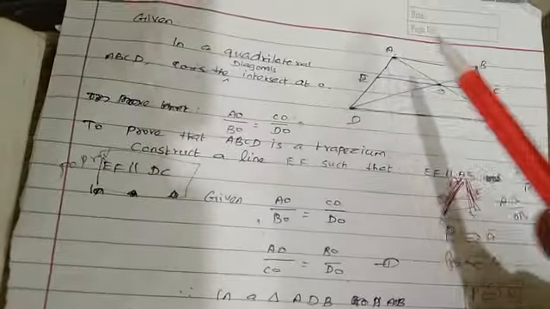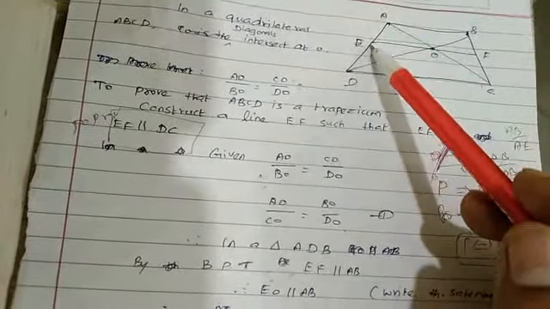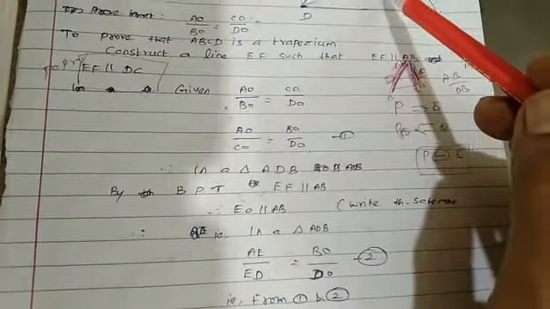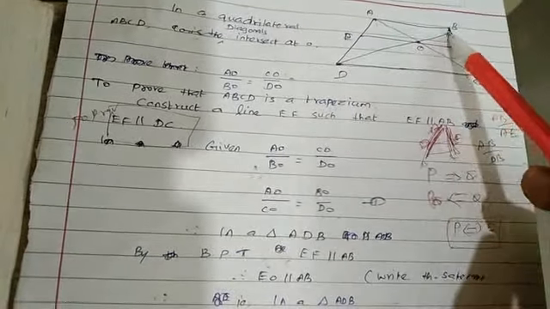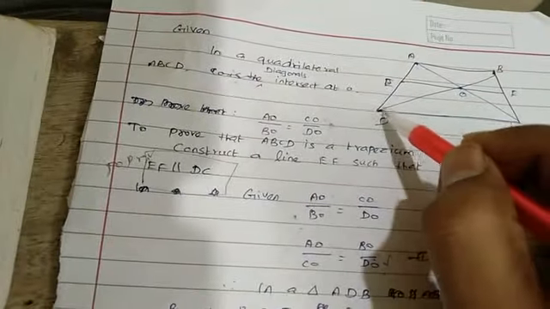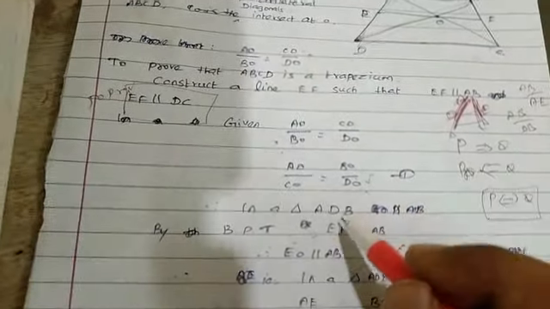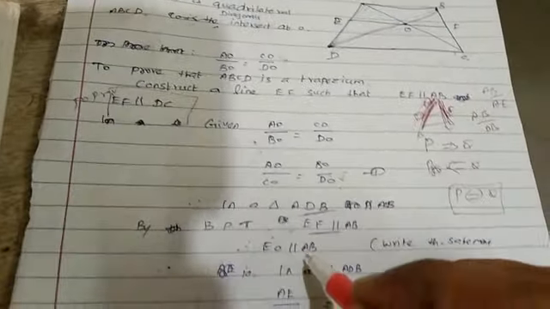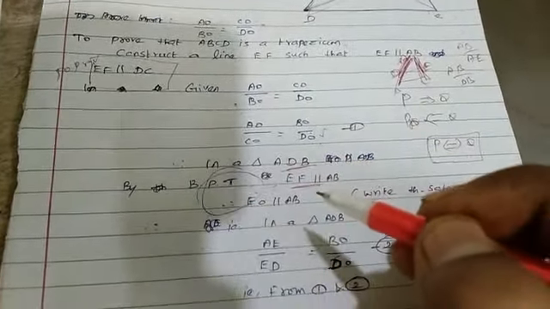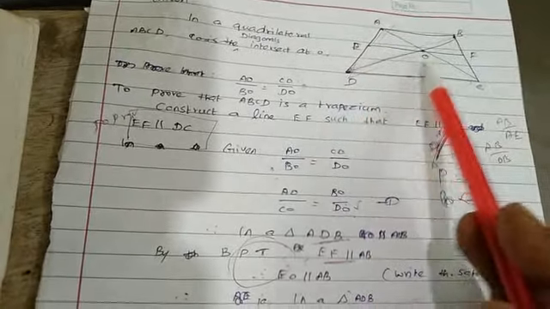So in triangle ADB, we can write AE divided by ED equal to BO divided by OD. In this triangle we can use the theorem statement. Now we consider this triangle; since this line is parallel, I can use the basic proportionality theorem: AE divided by ED, BO divided by OD, as we wrote.